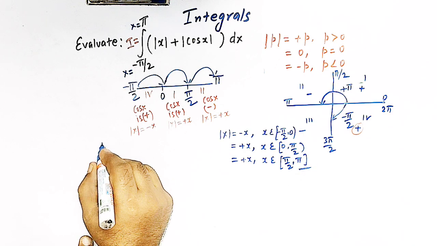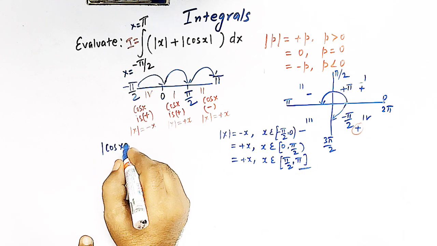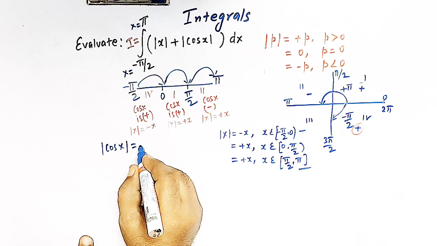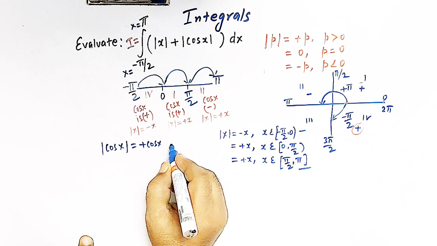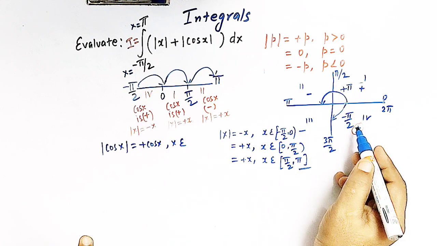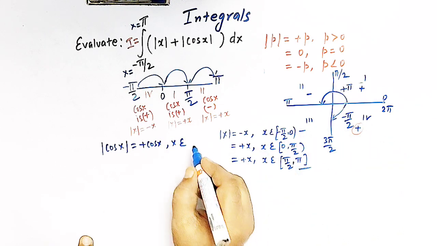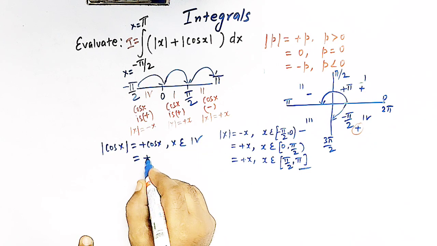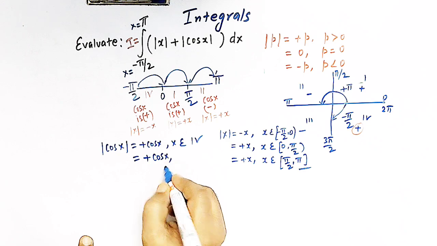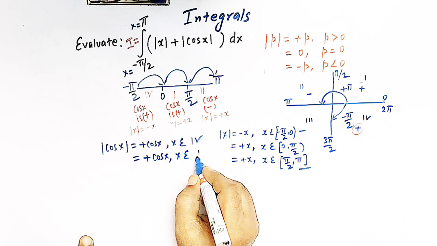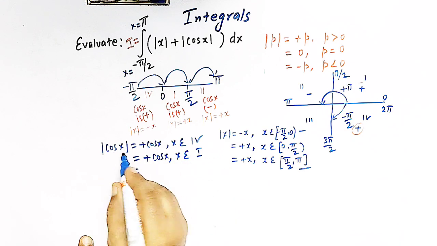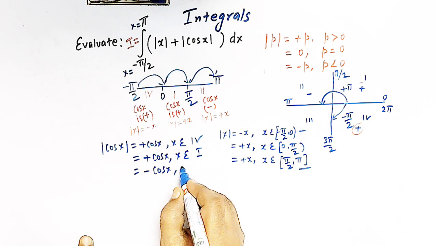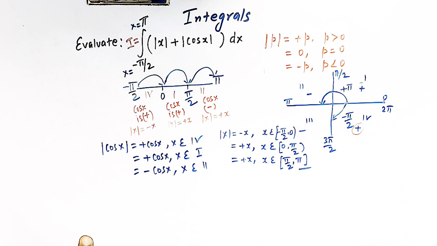Similarly we can define mod of cos x. Mod of cos x is positive cos x when x belongs to the fourth quadrant, and mod of cos x is positive cos x when x belongs to the first quadrant, and mod of cos x is negative cos x when x belongs to the second quadrant.